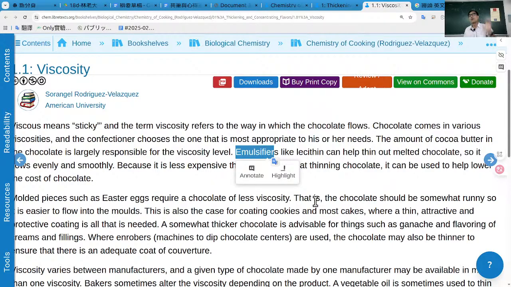One side is close to the water soluble materials, the other side can be close to the lipid soluble. Can you give me an example like this? Maybe food, maybe not food. That's the thing, it is a kind of food.